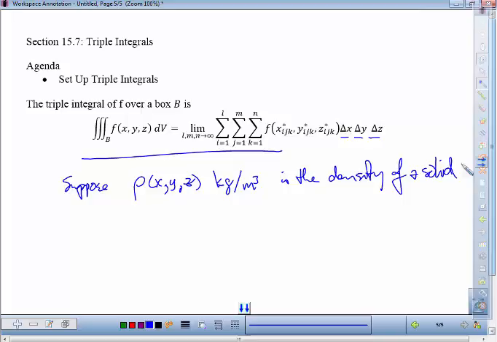So if you imagine something solid, hot chocolate. You got some hot chocolate, you stir it up, and then you leave it alone. You know how the chocolate just kind of goes down? So you stir it, leave it alone, you put it in the freezer, and it becomes solid. And so the density of that is going to be thicker down in the bottom than it is up on top, right? So we can define that as a density function, maybe just a simple function of z.